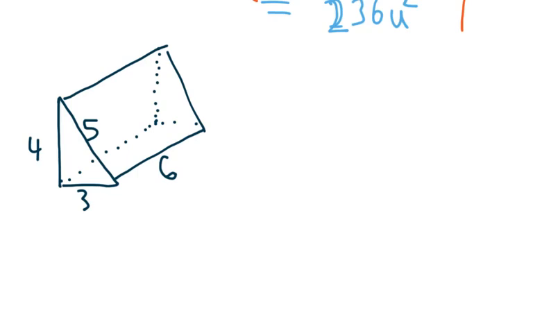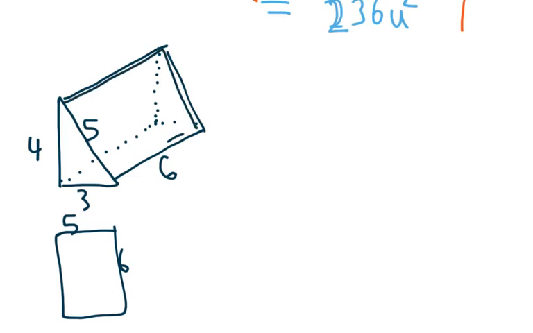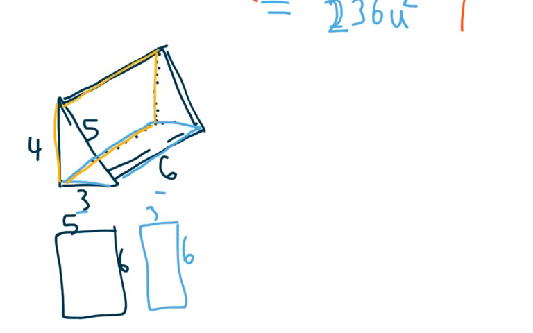We have one rectangle that is 5 by 6, and that comes from this side right here. We have another rectangle which is down here on the bottom, and this is going to be 3 by 6. And then we have one final rectangle, from this back side that we can't really see. It's behind the triangle, and it's 4 by 6.